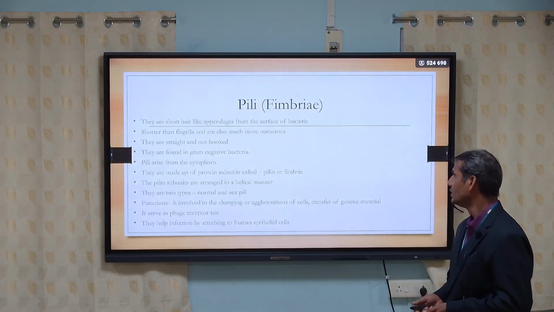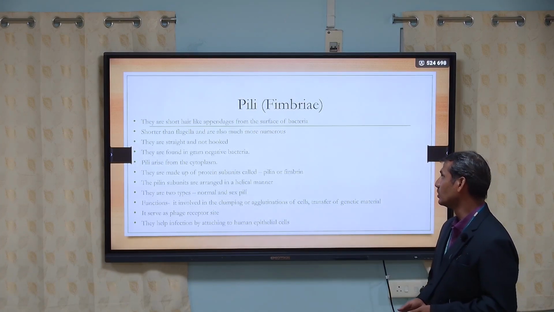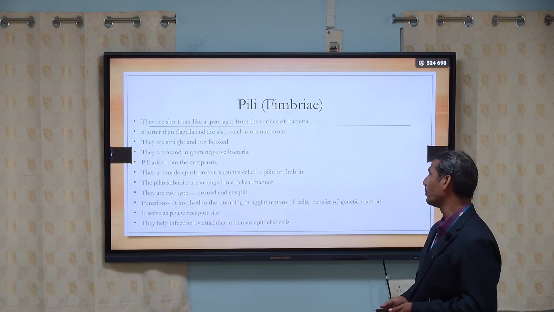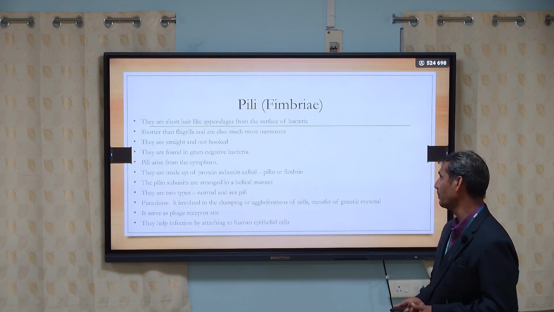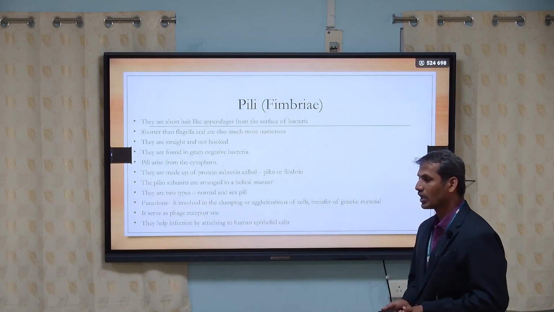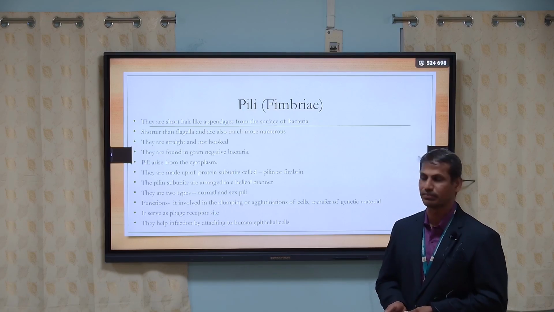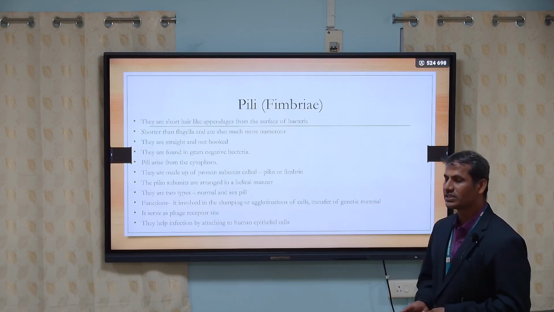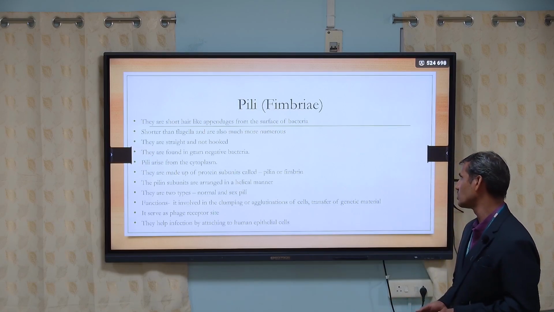Next is pili, also called fimbriae. They are short hair-like appendages from the surface of bacteria, shorter than flagella and more numerous, arising from the outer cell wall, straight and not hooked. They are found only in gram-negative bacteria. Pili arise from the cytoplasm and are made up of protein subunits called pilin.